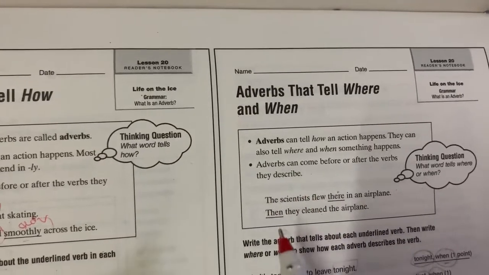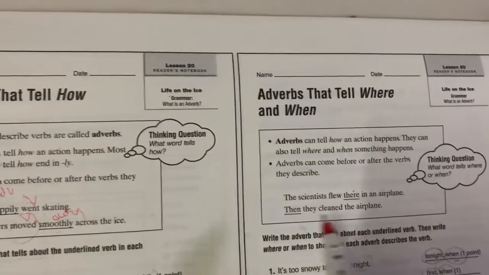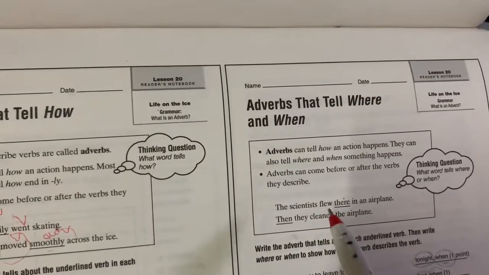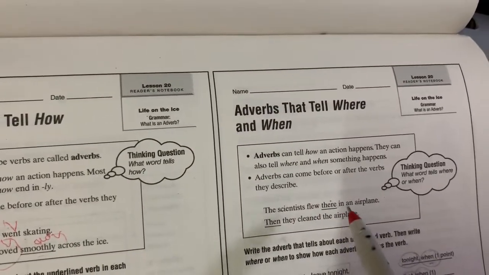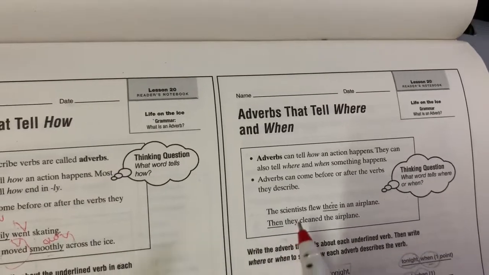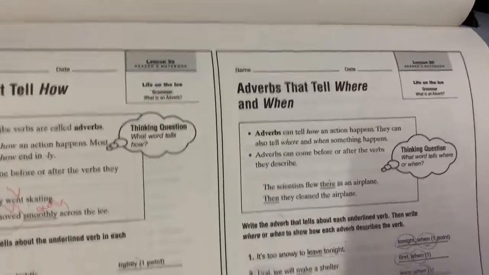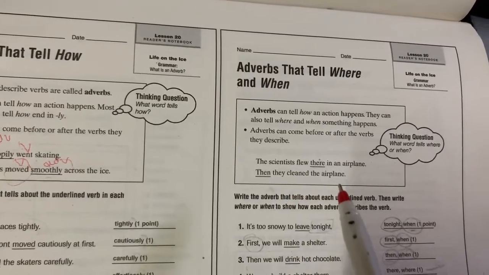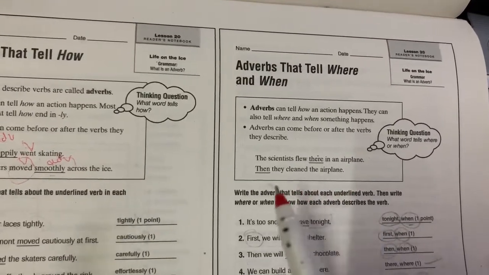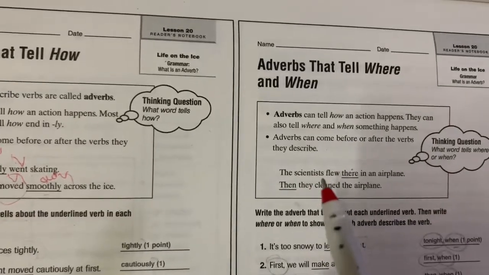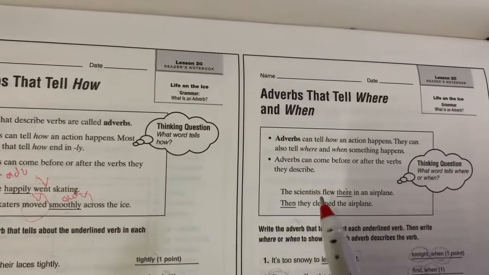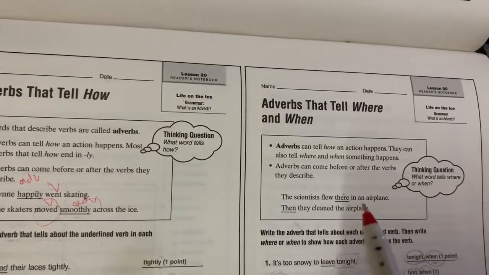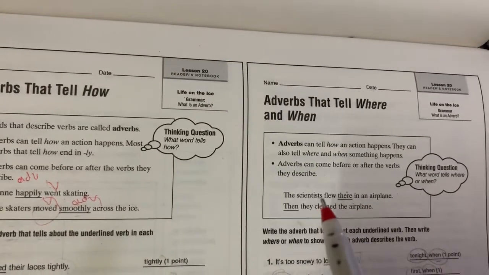I told you before. Okay, look at these two examples here. The scientists flew there in an airplane. The second example here. Then they cleaned the airplane. Look at sentence number 1. The scientists flew there, okay, in an airplane.